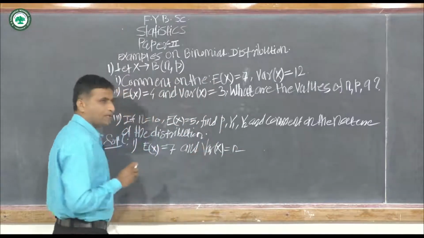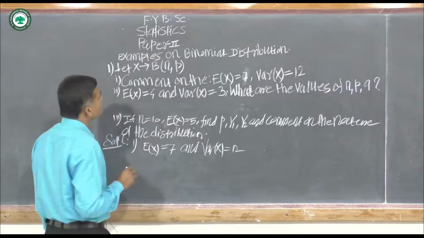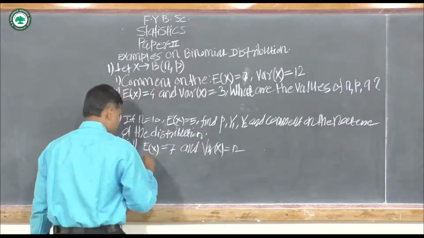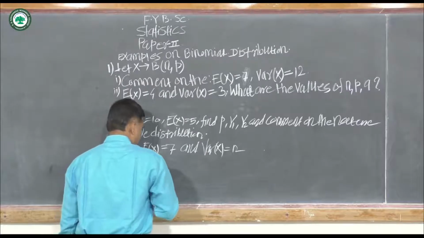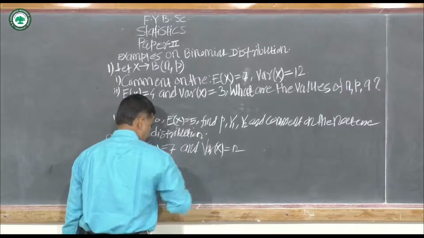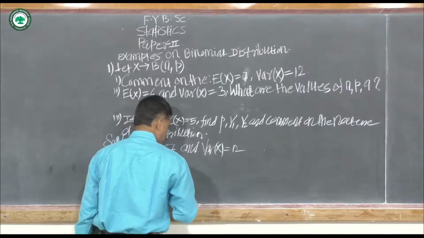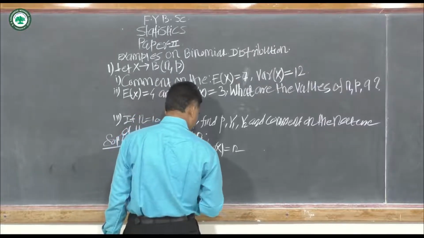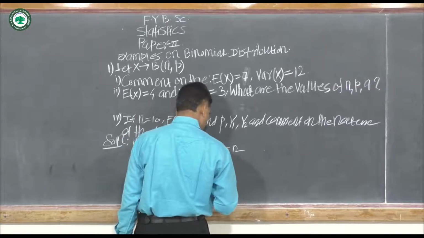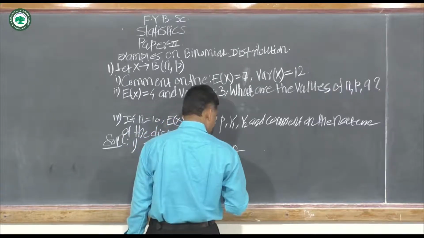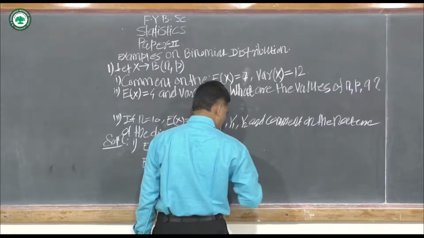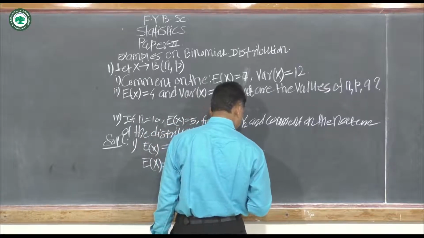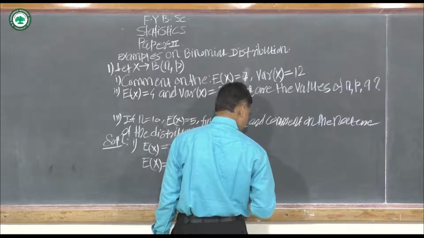Then we know that the theoretical mean of the binomial distribution with parameters n and p is expected value of X equal to np, and the theoretical variance is npq.